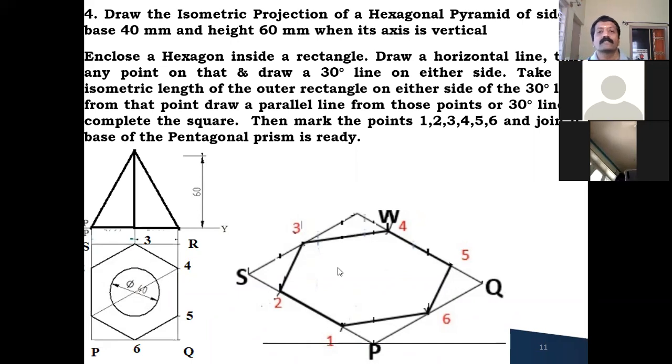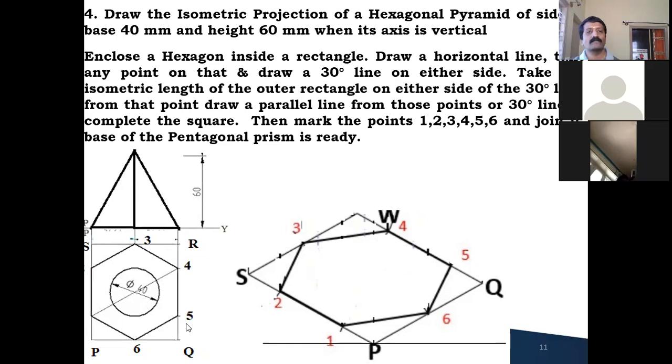After this, we need to identify the hexagon points. So what to do for this? First you take these distances: P1 and S2, R4 and Q5. All 4 distances are the same.